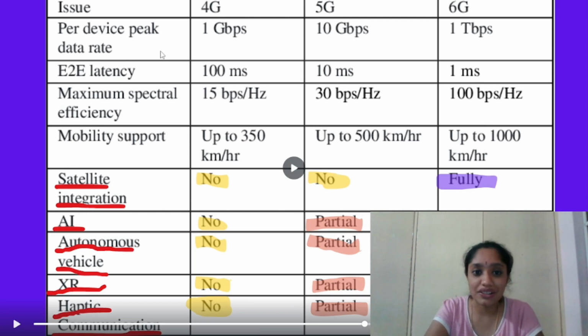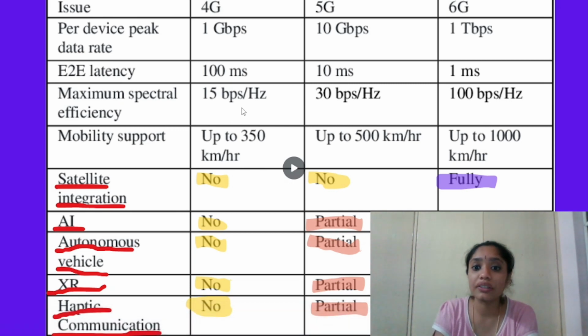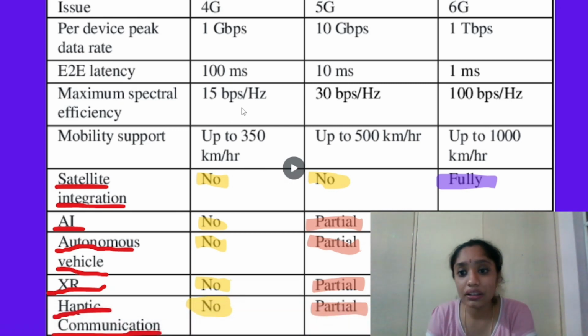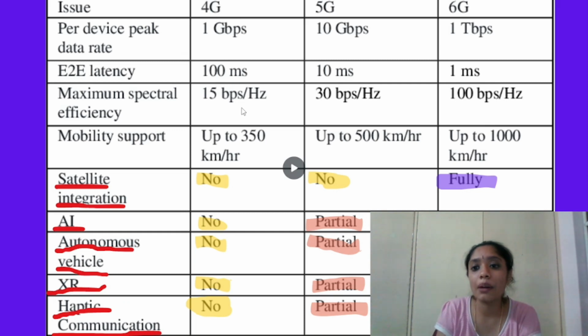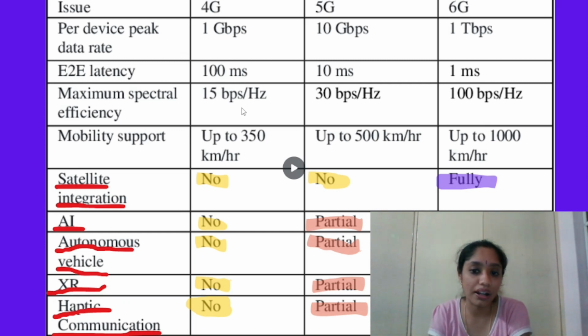Maximum spectral efficiency is 15 bits per second per hertz for 4G. For 5G, 30, and for 6G, 100 bps per hertz. Mobility support for 4G is up to 350 km per hour, 5G is up to 500 km per hour, and 6G is up to 1000 km per hour.